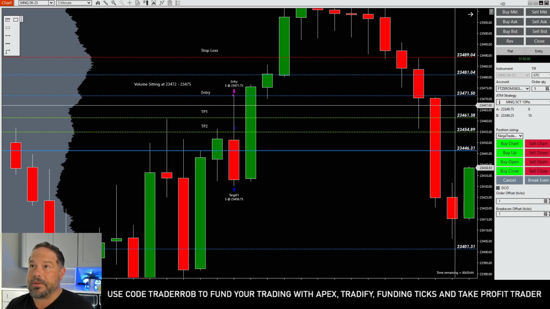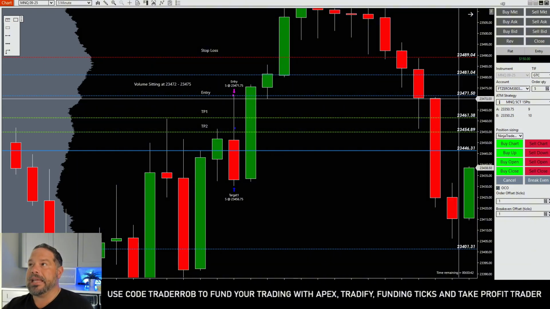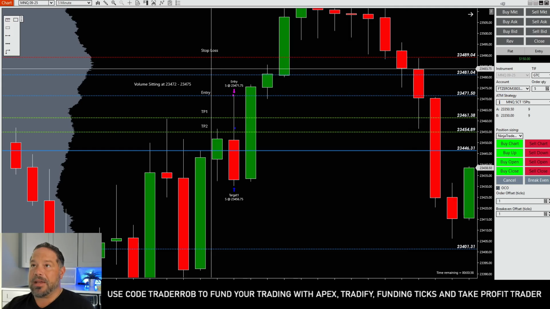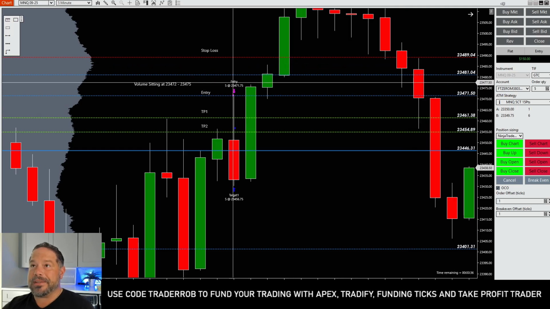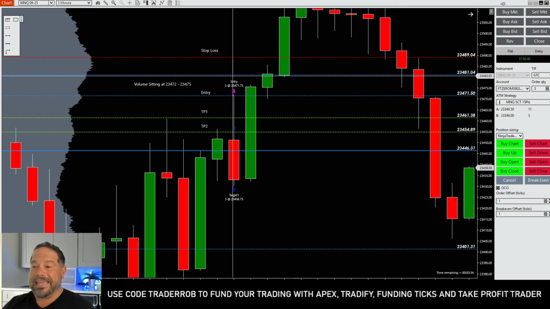So I knew there was going to be a lot of downward pressure at the 23,471. And I always knew that, if it gets through this and it comes right up to tap, it needs a lot of force. It needs a lot of energy to get through that big of a stack of orders. So it's either going to reject hard, or the buyers are going to lose a lot of their strength. Just think of it as a huge speed bump.